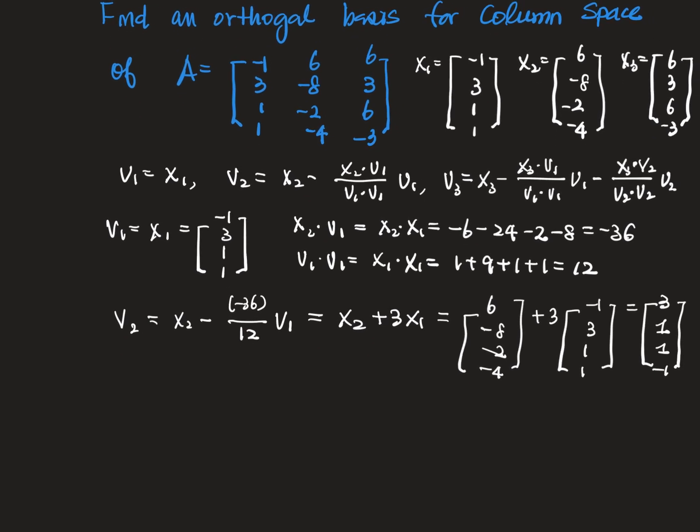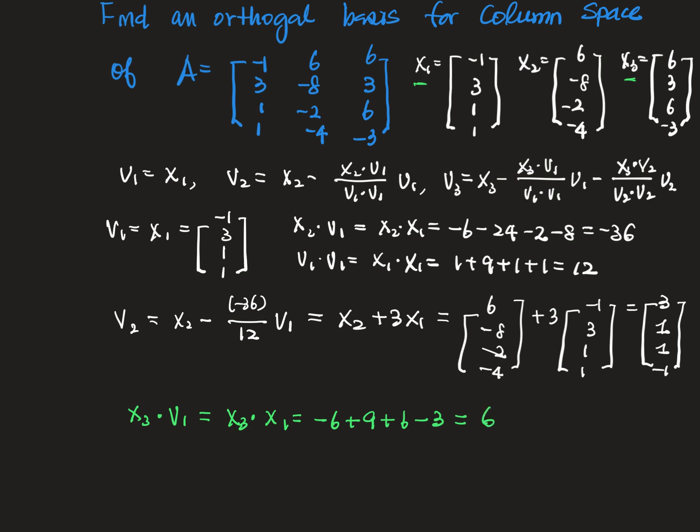Okay, last one, the v3 vector. We want to find the v3 vector. You first find x3 inner product v1, which is x3 inner product x1. The x3 is right there and x1 is right there. The inner product is -6 plus 9 plus 6 minus 3, which is 6.